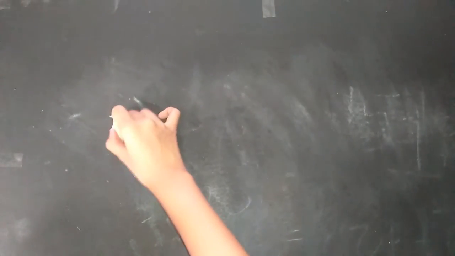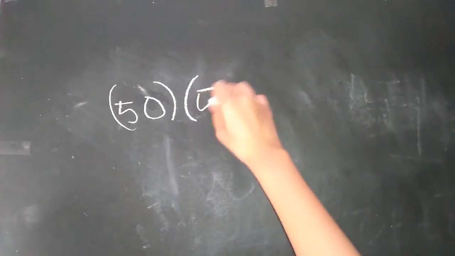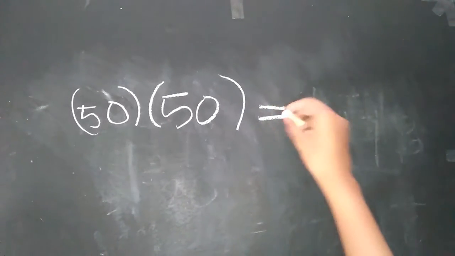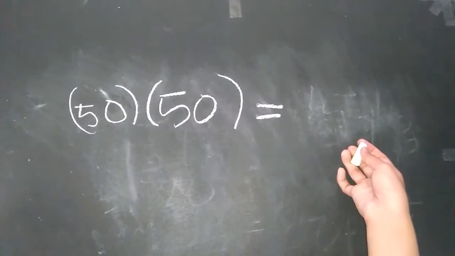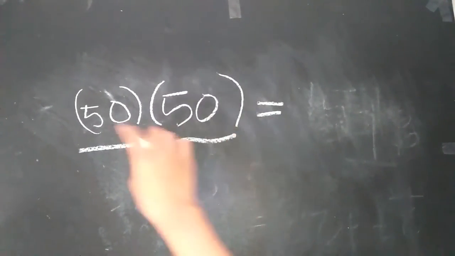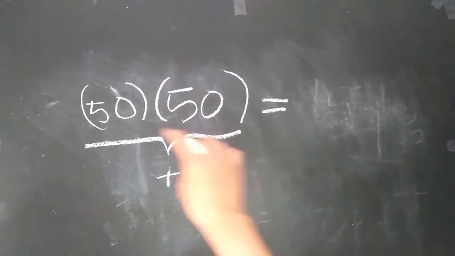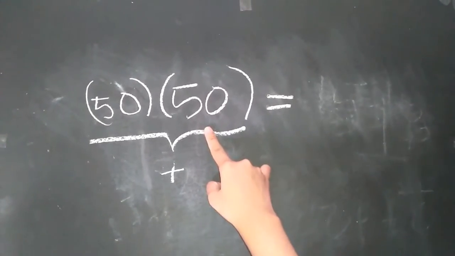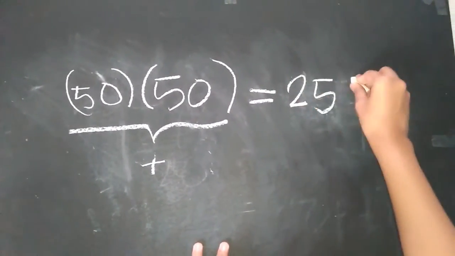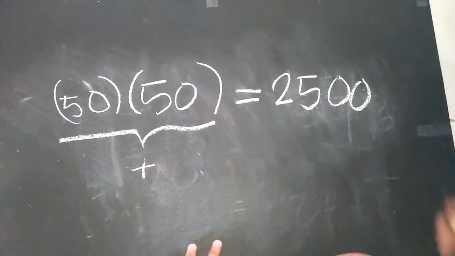We have +50 times +50. We multiply, and the sign of the answer is positive since the given integers are both positive. +50 times +50 equals +2,500.